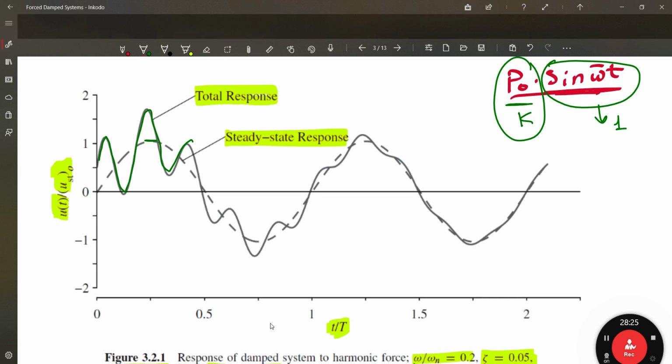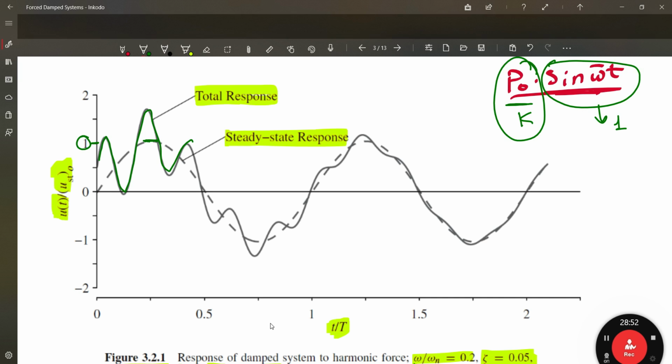If we look here, it is going to be 1, meaning the ratio between the total response and the static response is 1, so it's the maximum. As you can see, it is like a sine wave here, and the maximum is the value here, which equals P node over K.